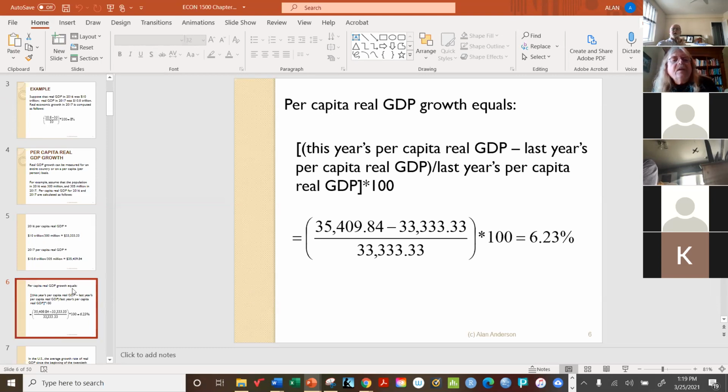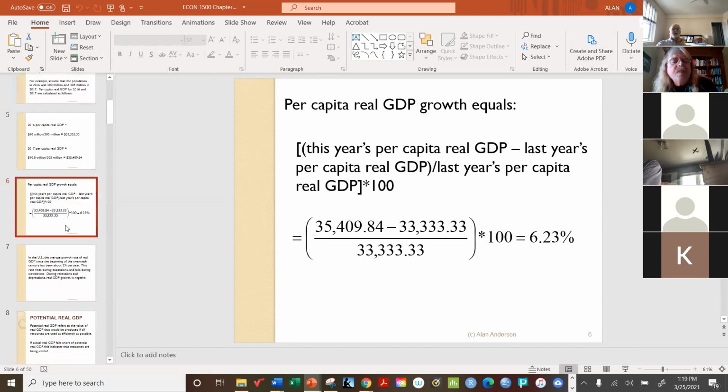Anyway, either way you look at it, you can easily calculate. Now, in both of these cases, this is welcome news because it means the economy is growing and our standards of living are growing. Whenever real GDP goes up, it means there's more real output in the economy. And when per capita goes up, that means there's more real output for each individual as well.